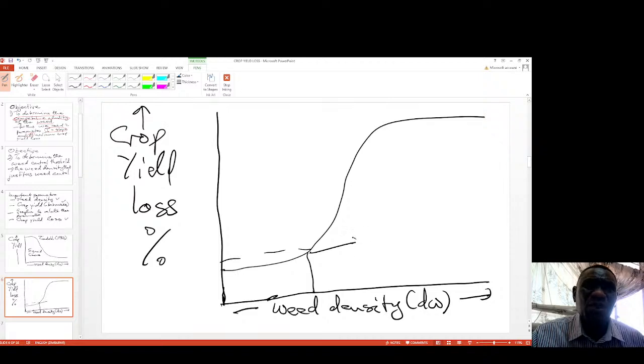We call this point the weed control threshold.